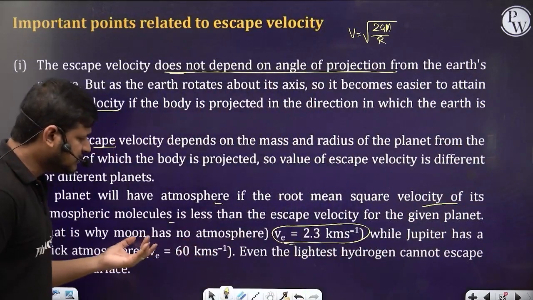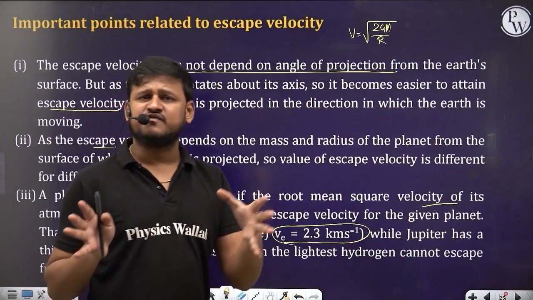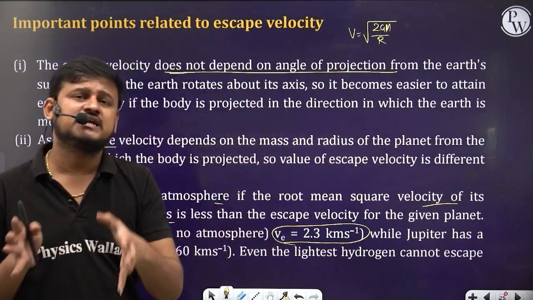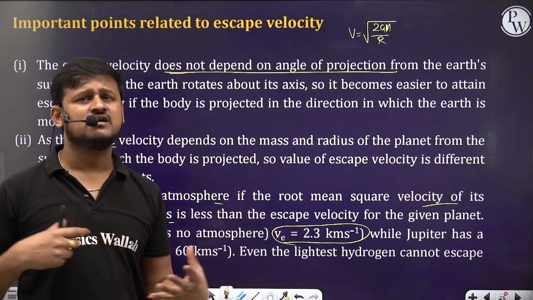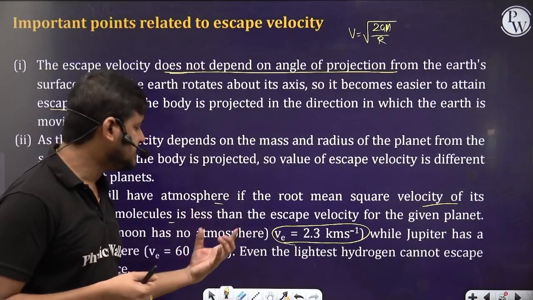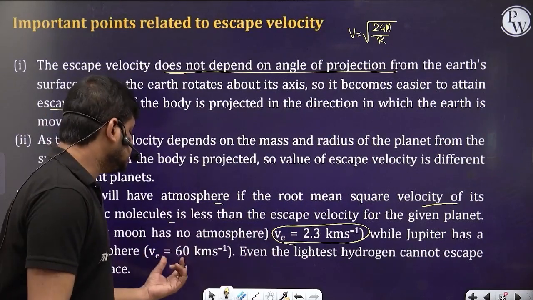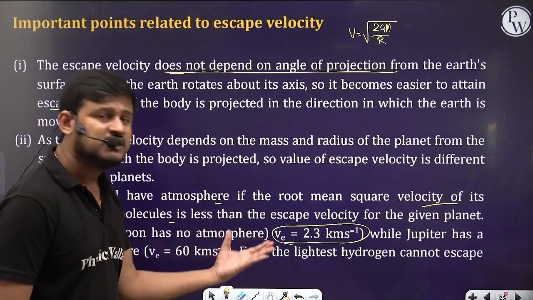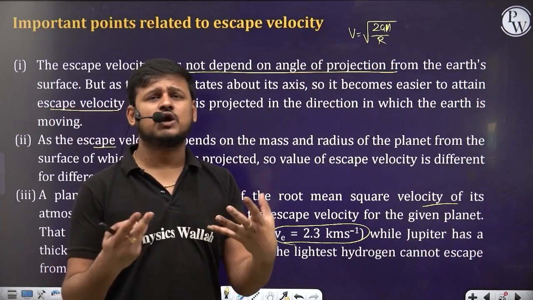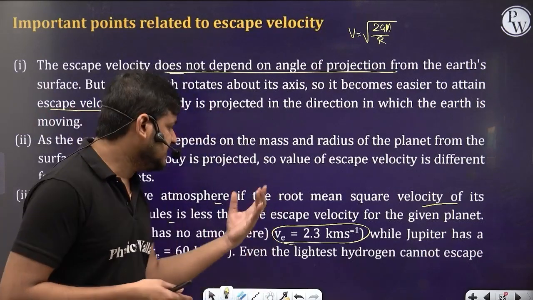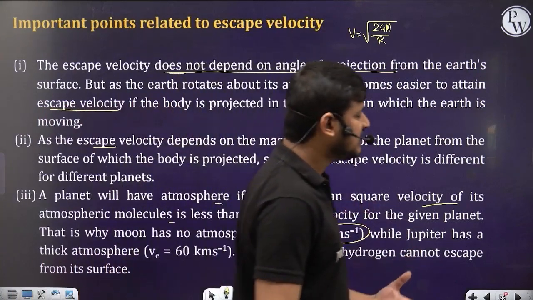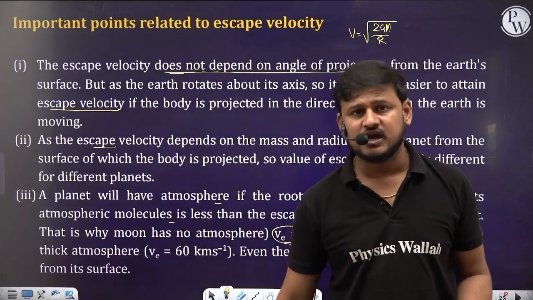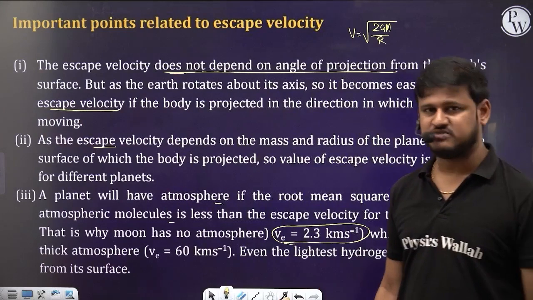And if the atmosphere is very dense, the escape velocity also will be more. For Jupiter, which has a very dense atmosphere, its escape velocity is almost 60 kilometer per second, whereas the moon has almost no atmosphere, so its escape velocity is only 2.3 kilometer per second, whereas Earth has an atmosphere, so its escape velocity is 11.2 kilometer per second.